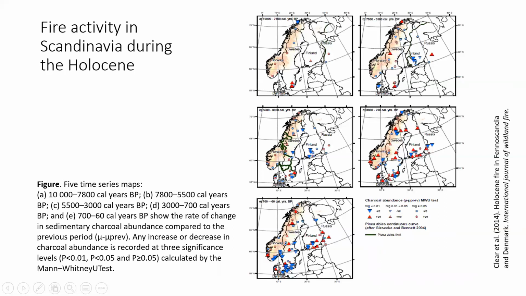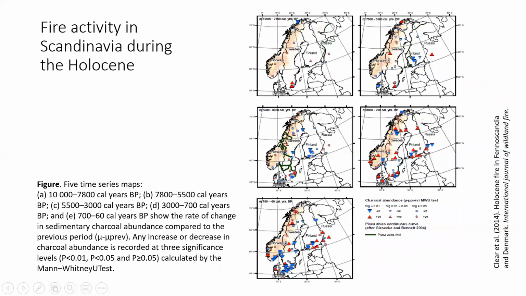So here we can see a decrease of fires during the mid-Holocene or so, and then a clear increase towards the present from 3,000 to about 1,000 years ago or 700 years ago, when there was human impact and also increasing burning of forest for cultivation and so on.